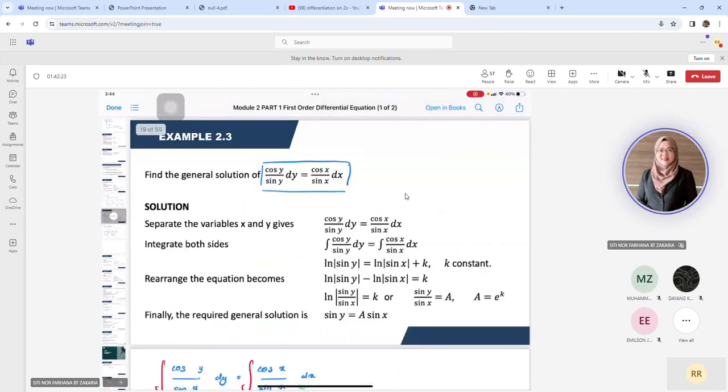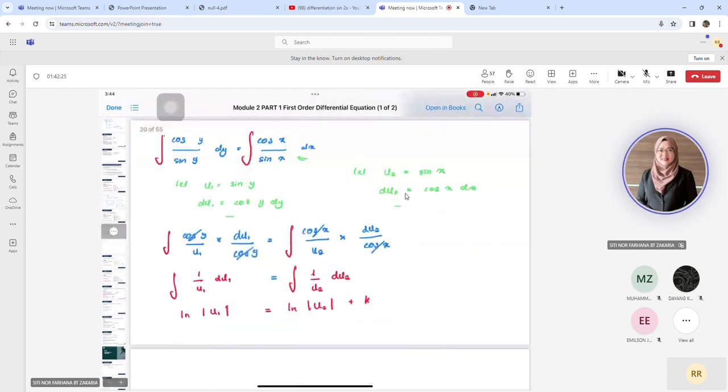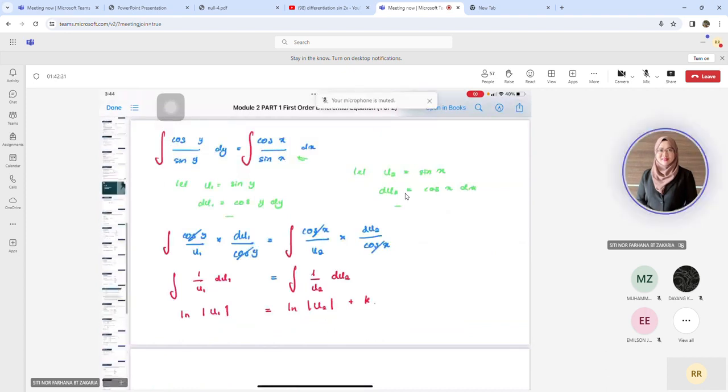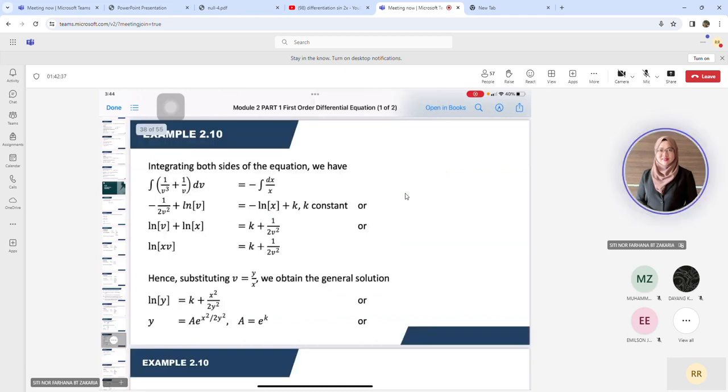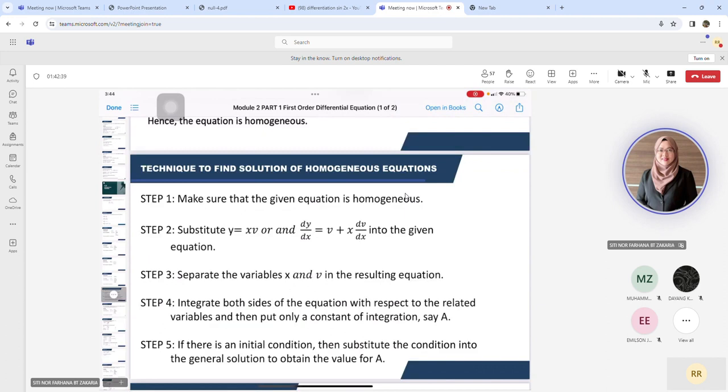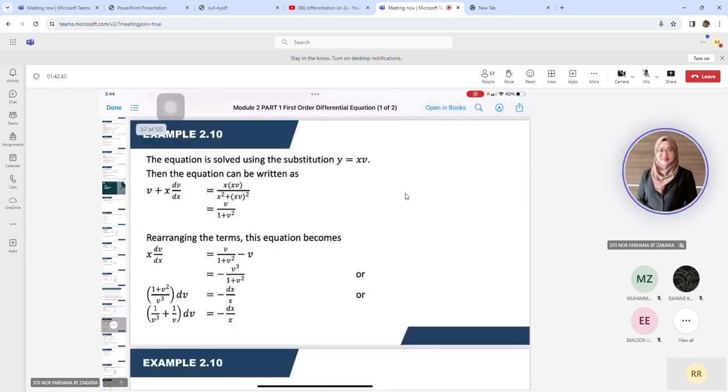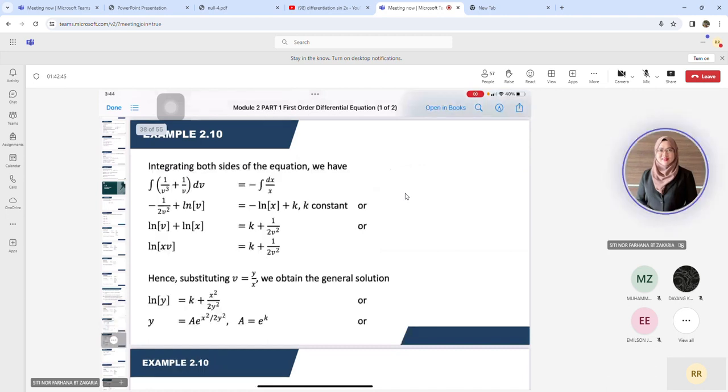My god. Hilangkah solution saya tadi? Hilang lah. Ada yang dapat salin ke?